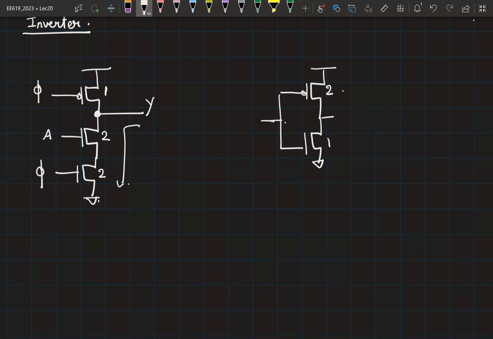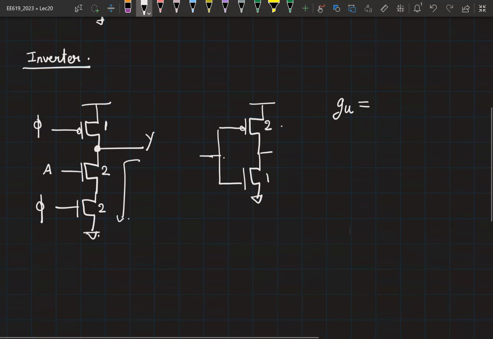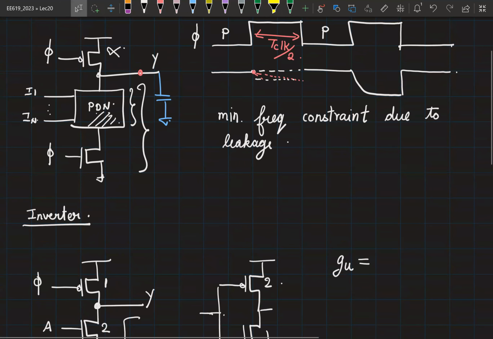Okay. So now based on this, can you calculate what is the logical effort? What comment can you make about GU? Is this calculation relevant, first of all? So in the evaluation phase, there is no rising edge, right?